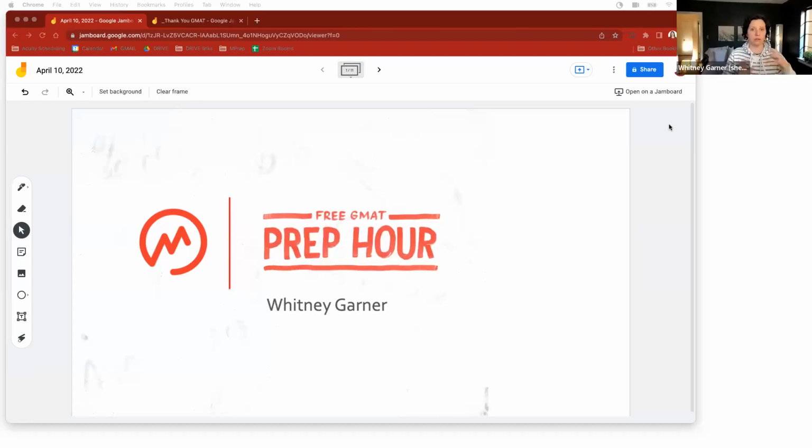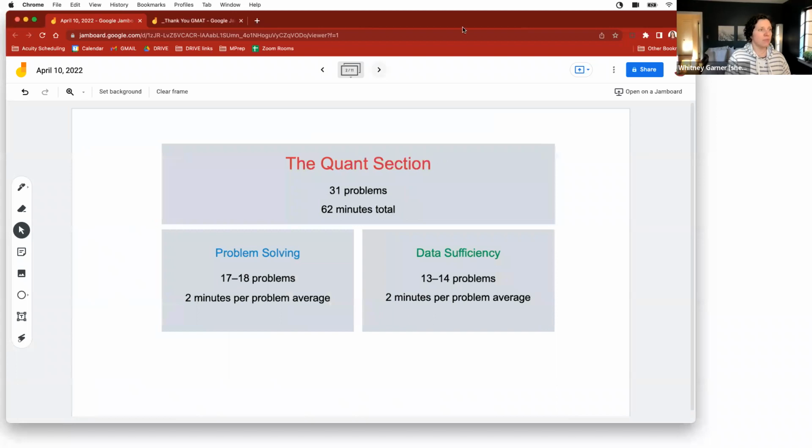So just a quick intro to the quant side of the GMAT. Within the quant section, we have two different question types: problem solving and data sufficiency. They each make up about 50% of the quant section.